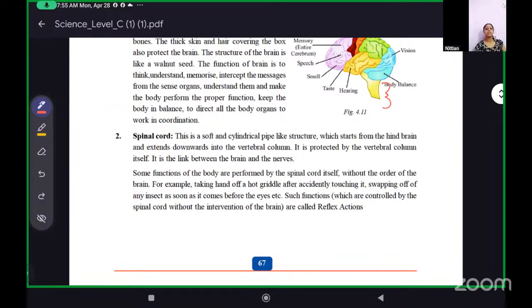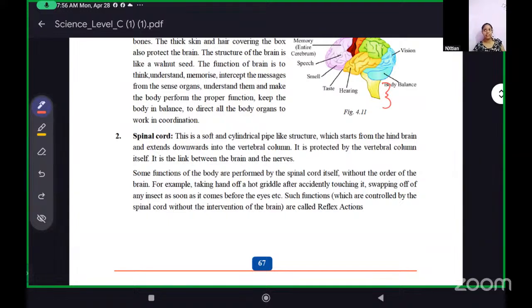So see what happens is some actions take place that require a very quick reaction from us. Like in seconds we react. For example, if we just touch a hot vessel by accident, our body's first response is that we just pull our hand out that second itself.